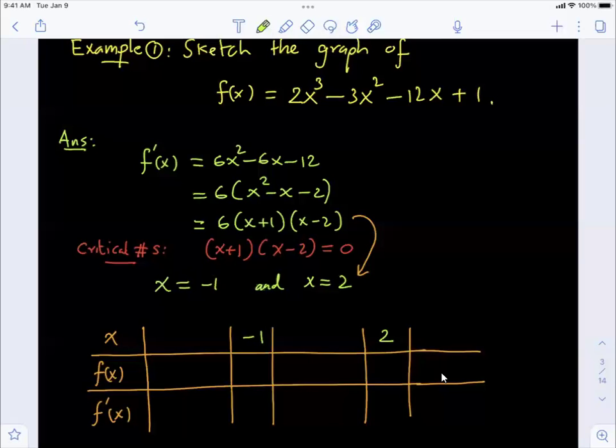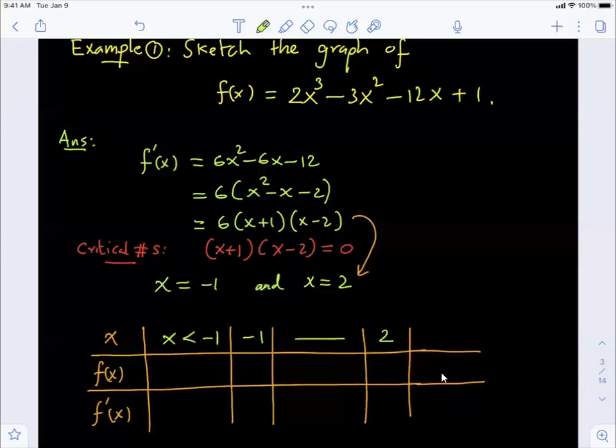When you have, let's say, 3 critical numbers, then you may need to add 2 more columns to indicate that too. So when you have any number of critical numbers, plan ahead how many columns you may need. Now, what do I place right here? I'm going to say those are the x values less than -1.